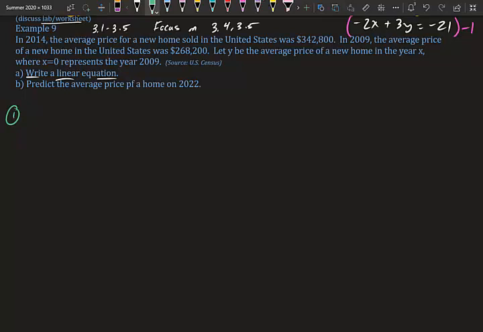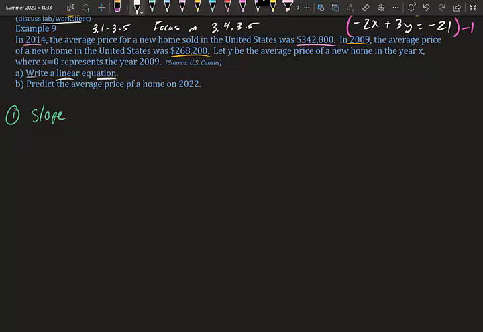So our first step is to always find that slope. To find our slope, we need to figure out some of the points that we're given. Let's pull out what we're given. We're given 2014 is $342,800, and then we're also given 2009 is $268,200.